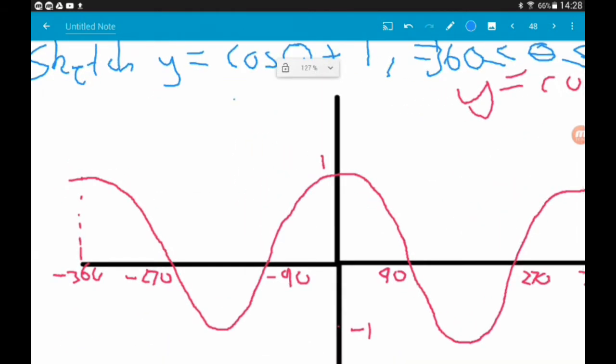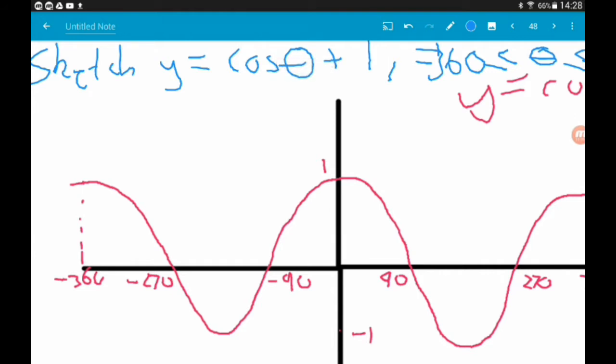So every y coordinate is just going up by 1. The peak that was at minus 361 is now going to be at minus 362. What was the x-intercept is now going to be up at 1. The trough is now going to be on the x-axis, then the intercept is going to be up at 1.